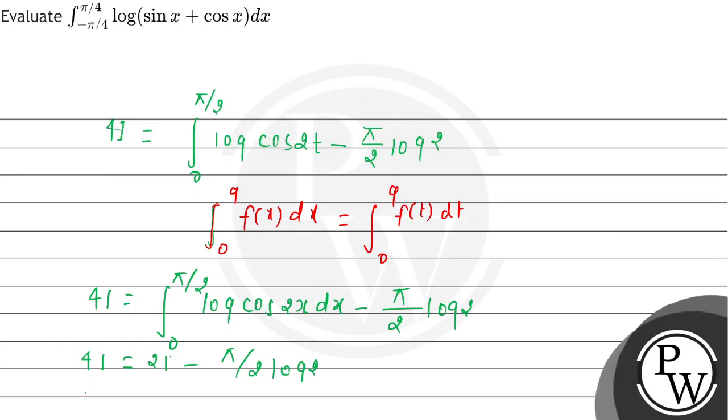After solving this we'll get 2I is equal to minus pi by 2 log 2. Solving further we get I is equal to minus pi by 4 log 2. So we can say this is our final answer. Understood it well. Best of luck.